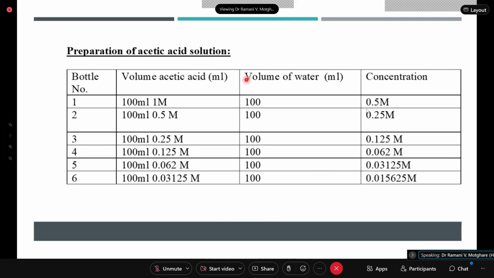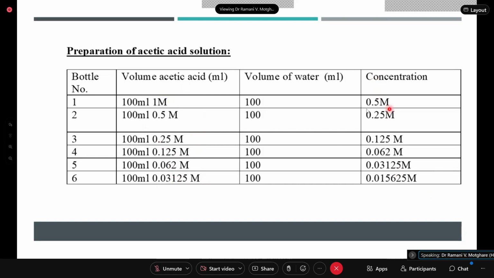Now for performing the experiment, you prepare 1 molar acetic acid, make it half dilute, that is 0.5 molar, then half of that 0.25, 0.125, 0.062 and 0.031 molar. So everything is half diluted and these solutions are made.